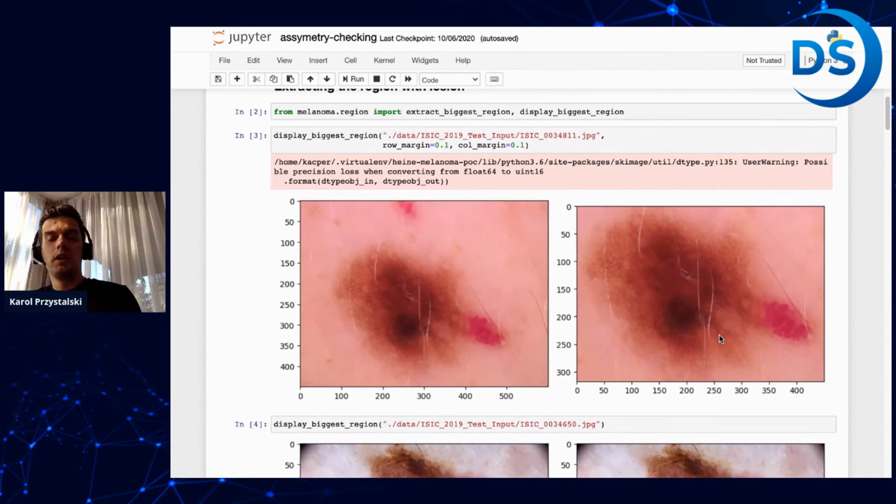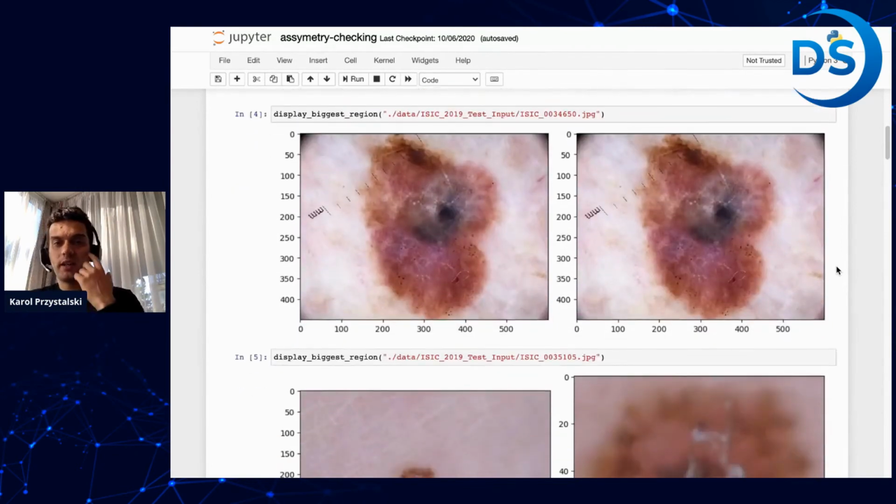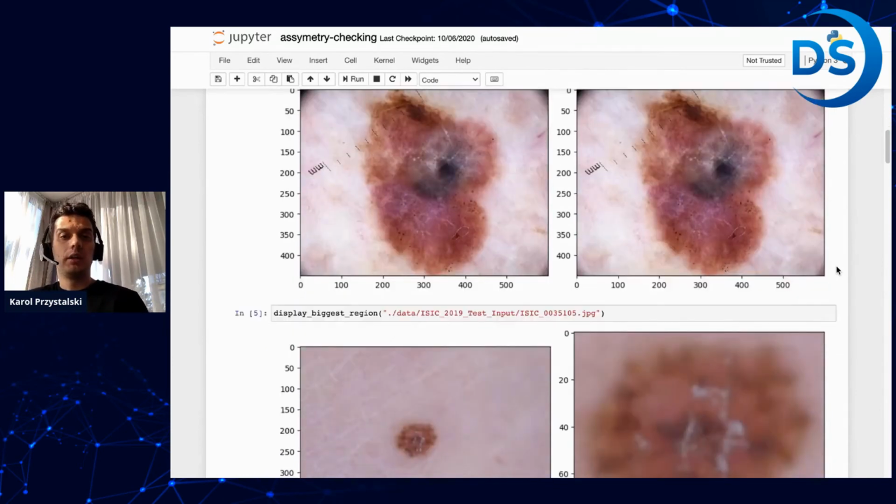Eight exact same pieces on the image, and try to find out if the piece on the opposite side is exactly the same as the current one, going around the circle to find out the symmetry. There are also different ways of measuring symmetry. I will show you another one in a minute.